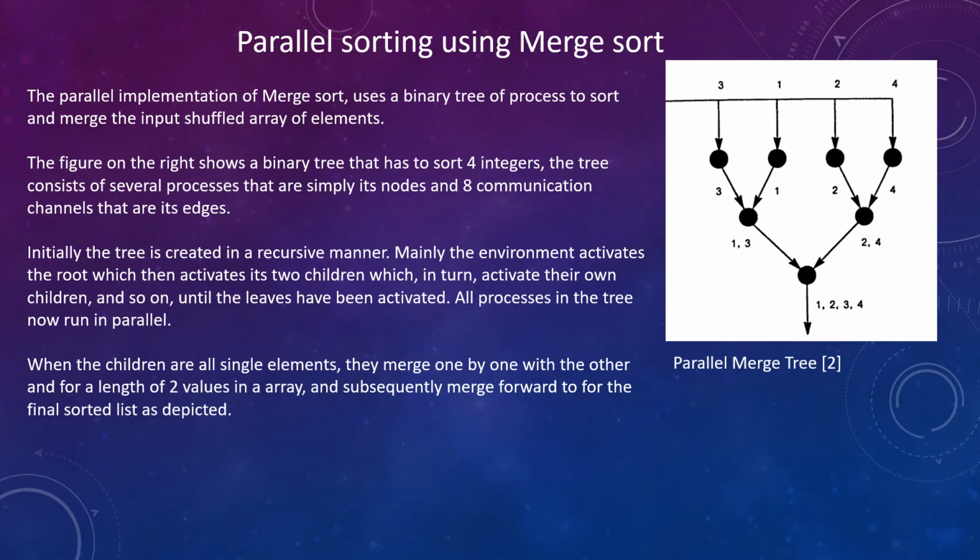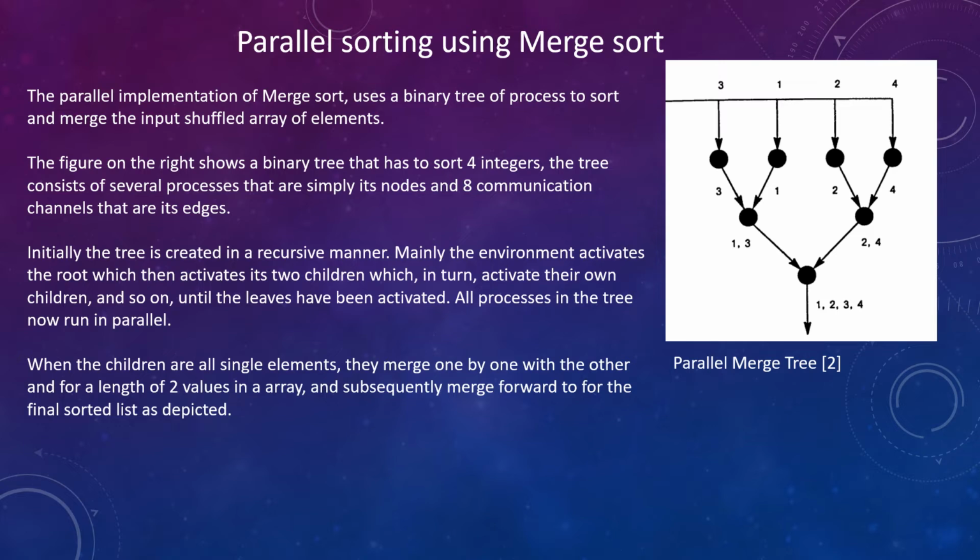The figure on the right shows a binary tree that has to sort four integers. The tree consists of several processes that are simply its nodes and 8 communication channels that are its edges. So as we can see, there are 4 integers in this particular figure, which have to be sorted.